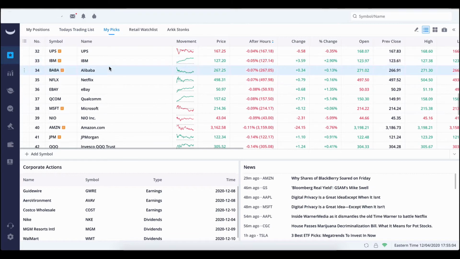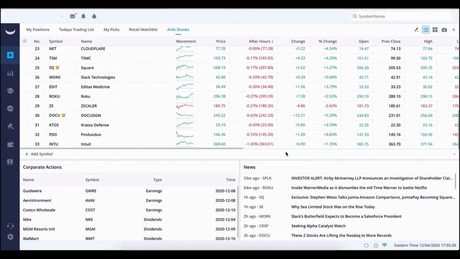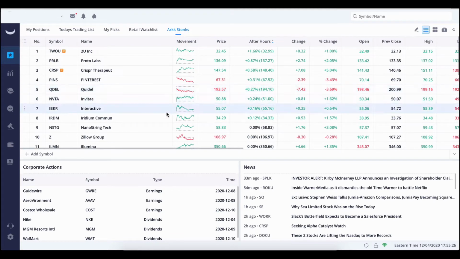My picks is just one of my watch lists, a retail watch list, and I'm mimicking ARK Invest, so that's why I created this ARK Stonks watch list for myself, and it's great. Once again, like 33 minutes ago, investor alert. Okay, looking for large catalyst movements so I can trade off of them.